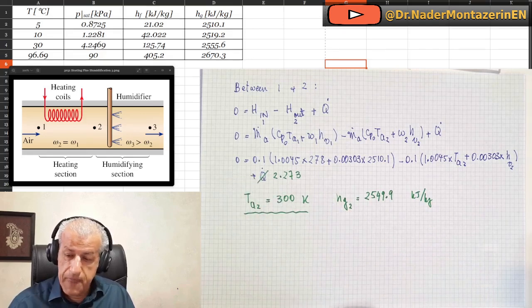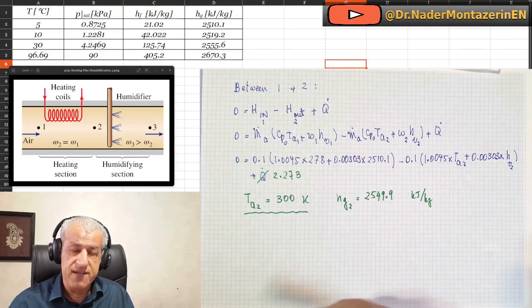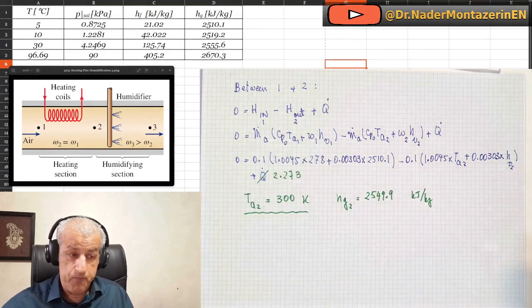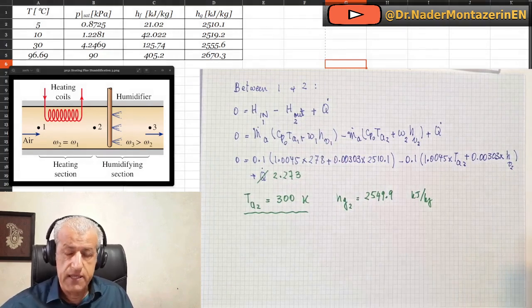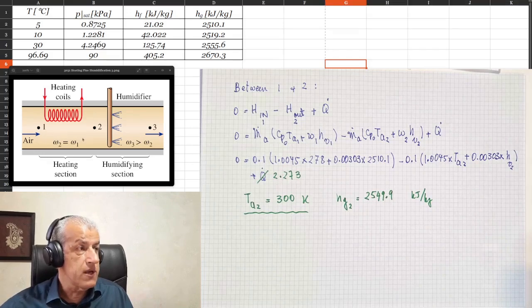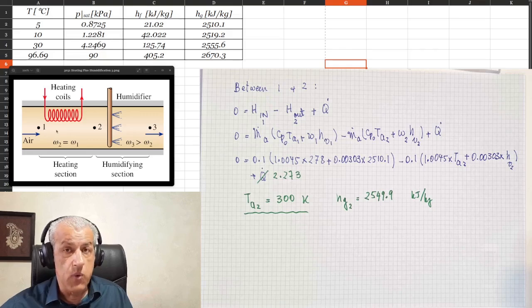So you see, the picture is very clear now. Out of 8 kilowatts, almost 8 kilowatts that we needed for heating this air, we only needed 2.273 to bring this air to 300 degrees at point 2.